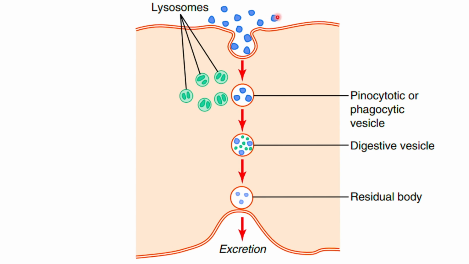There might be some food particles, like lipids, proteins, or carbs, or there might be some foreign invaders which are being endocytosed.